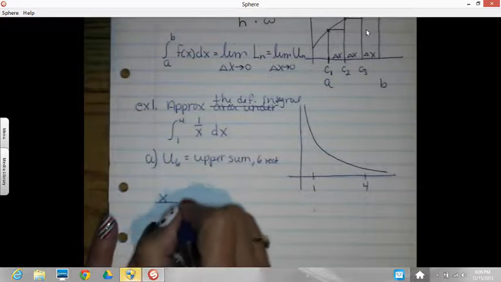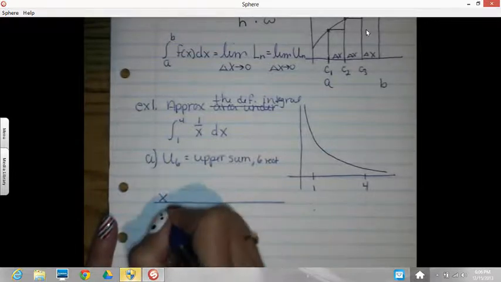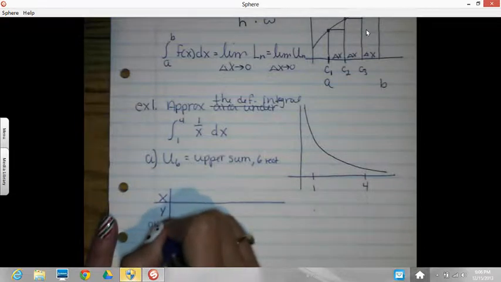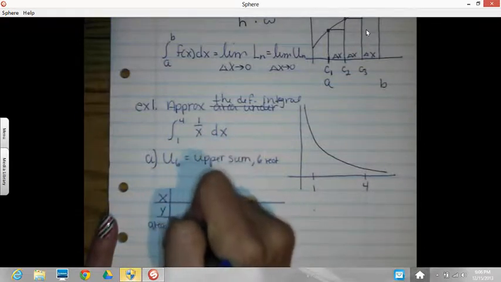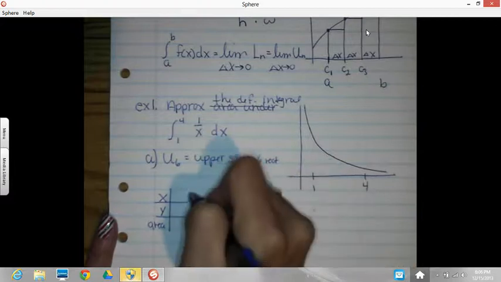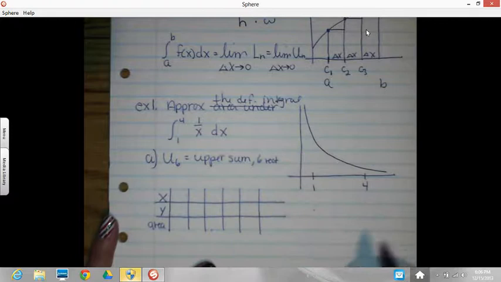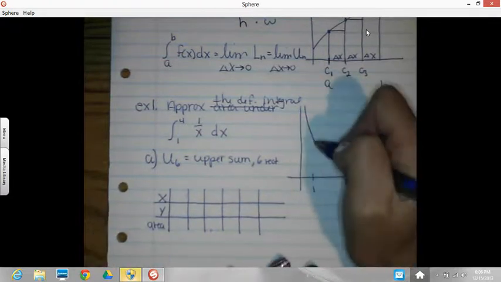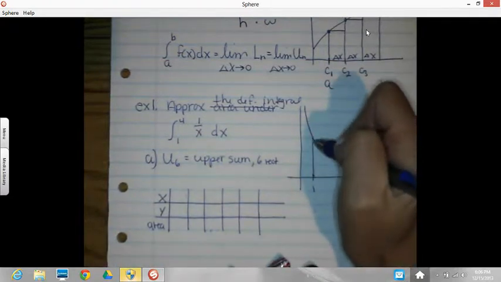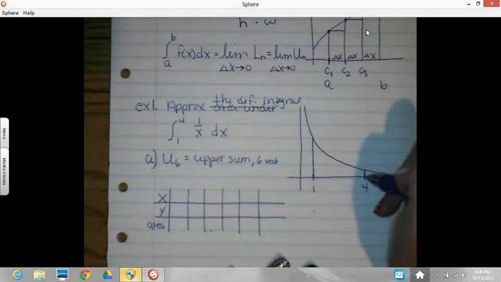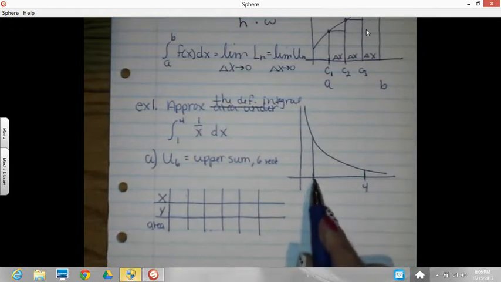It's going to be a 3-row table, and it needs 6 columns. All right, so starting at 1, finishing at 4, the first thing we need to decide is how wide our rectangles are going to be.